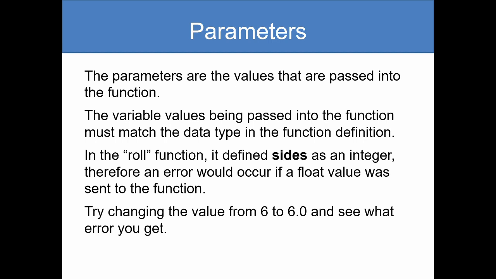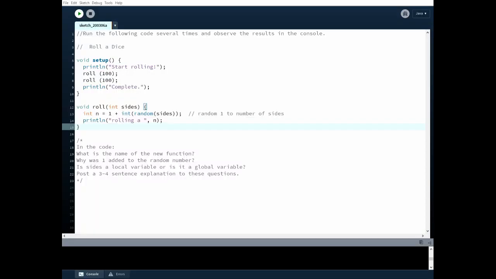So let's go ahead and try changing this. Let's try changing a 6 to a 6.0 and see what happens. If we look at our program, on our roll, we never defined anywhere up here that it was an integer roll or anything like that. We just have the 100. And so if I do 6.0, you can see right here the function in red, hopefully you can read it.